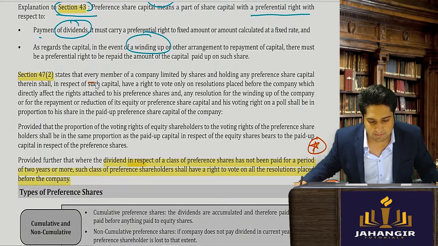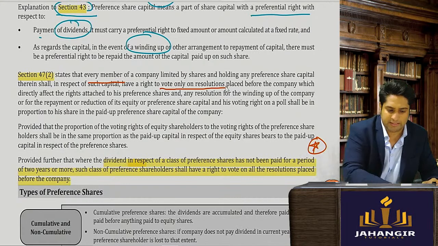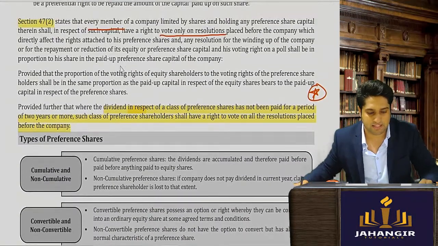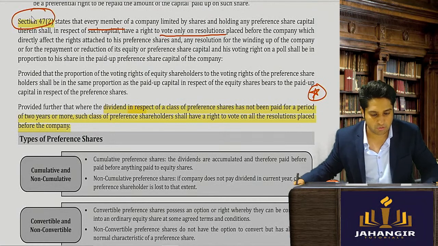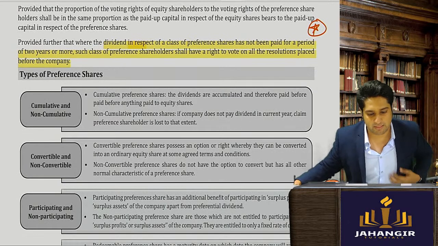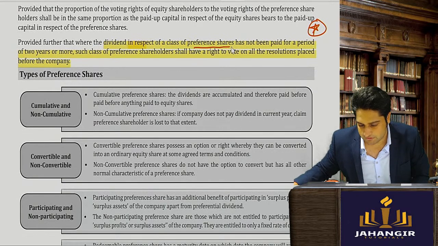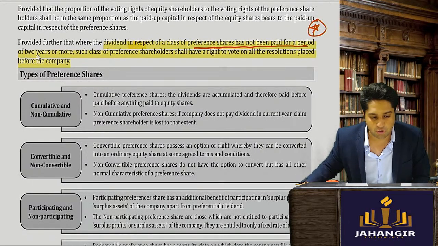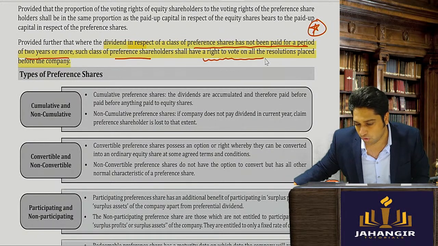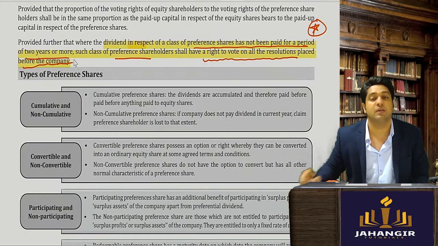Now see, every member shall have a right to vote before the meeting. This is the point when we are talking about section 47, subsection 2, that if dividend in respect of a class of preference shares has not been paid for a period of 2 years or more, such preference shareholders shall have a right to vote on all the resolutions placed before the meeting.